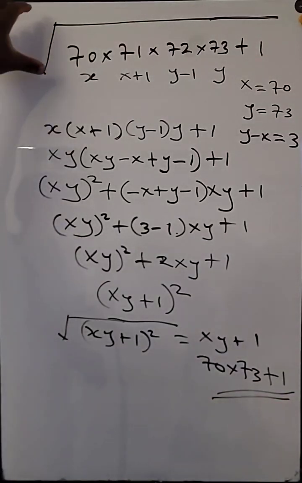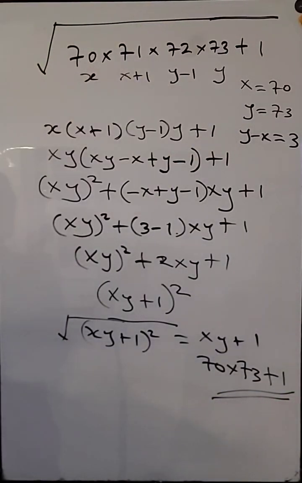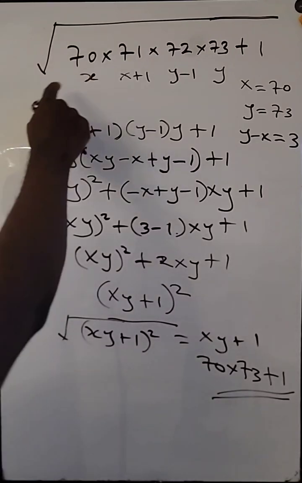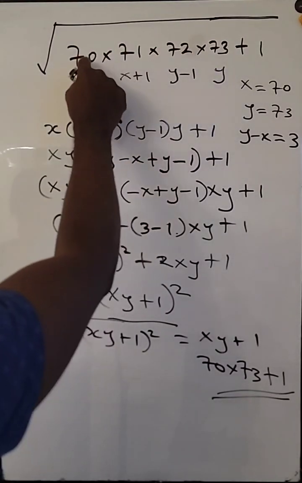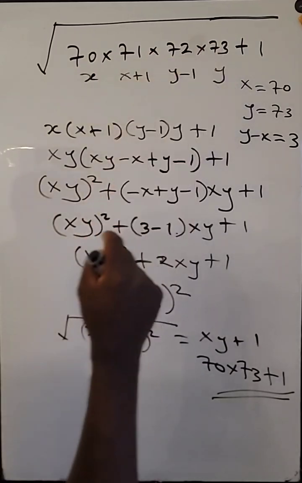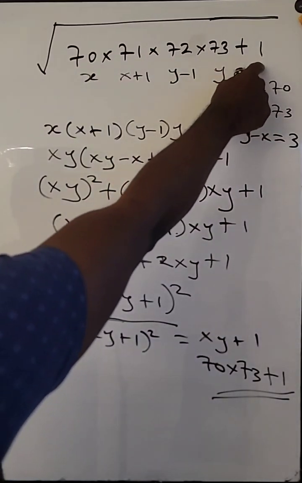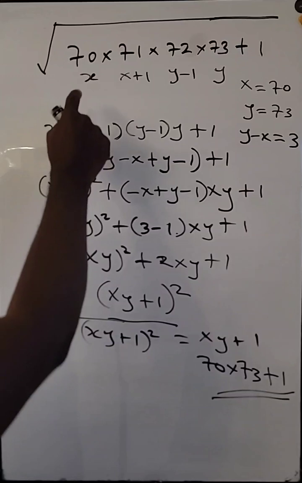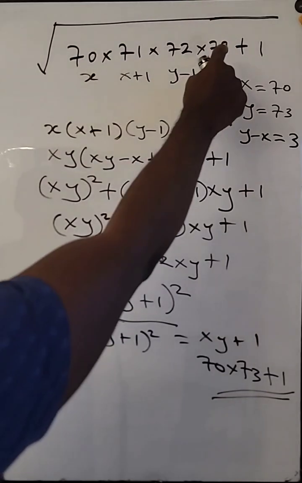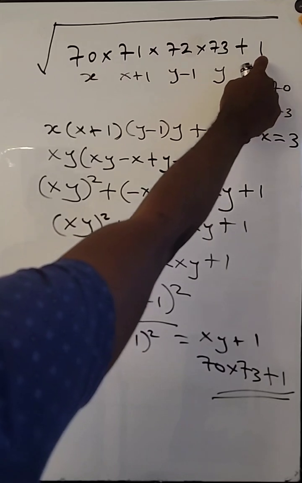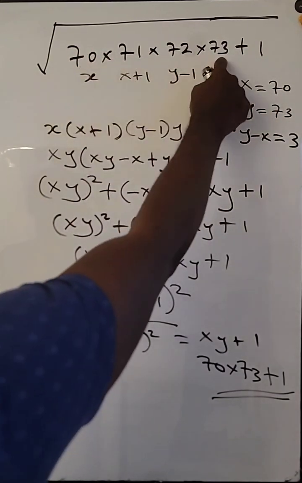And please note, this form is always true. If you have four consecutive numbers multiplying themselves and you add 1, then the square root is always the product of the smallest and the largest, plus 1.